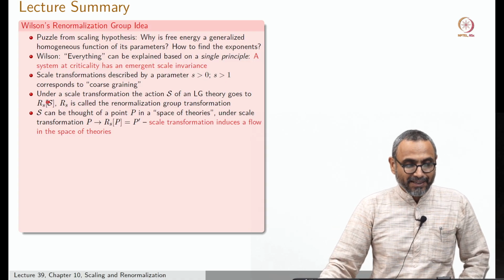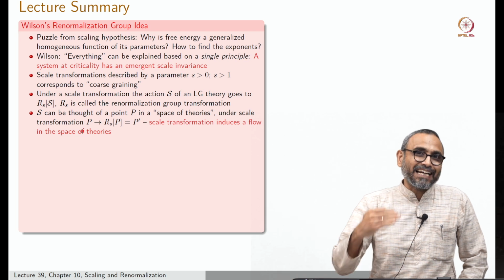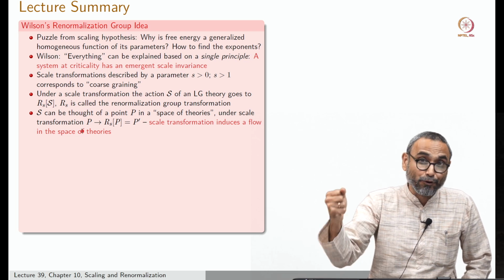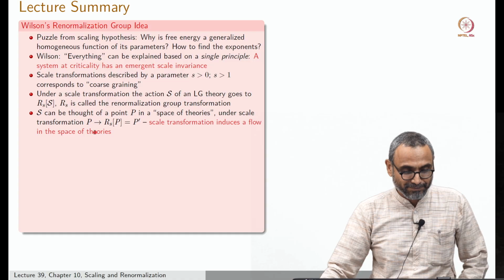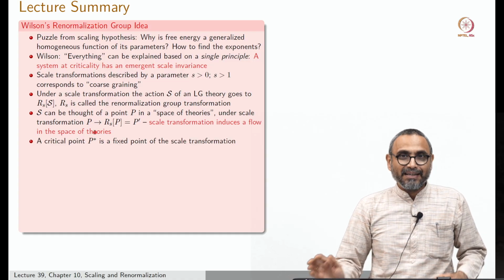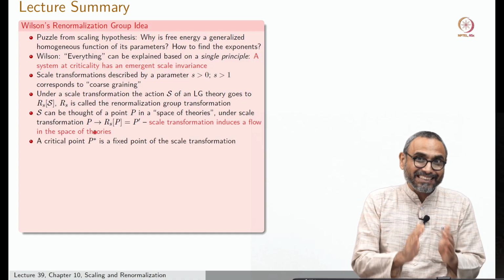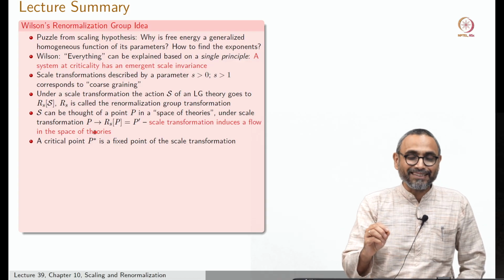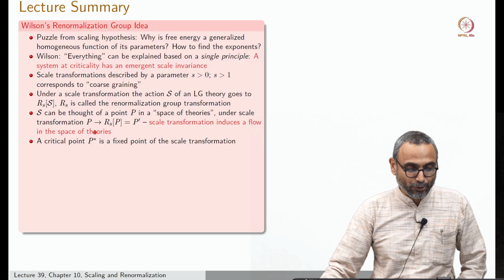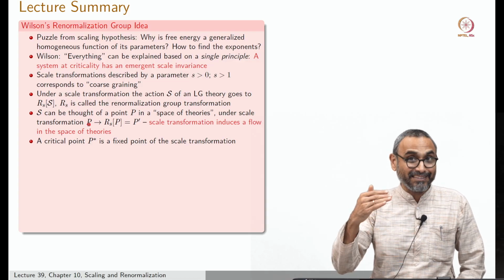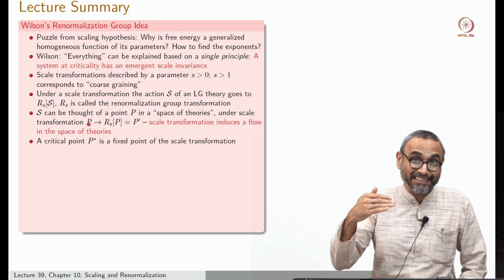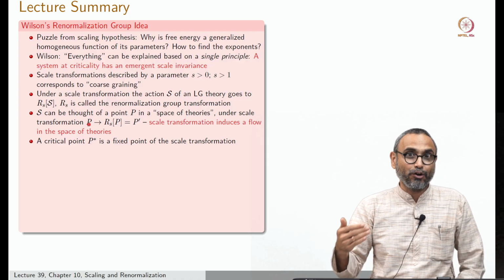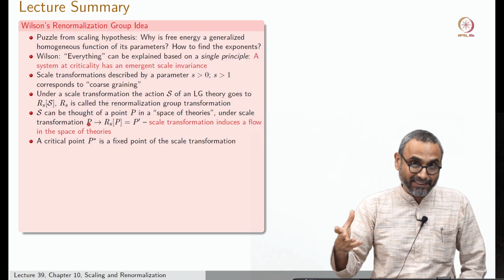And we can think of the scale transformation as producing a flow in the space of theories. Within this framework, we realize that the critical point is a fixed point of this renormalization group transformation, which means that the fixed point is a scale invariant point, or a scale invariant action.